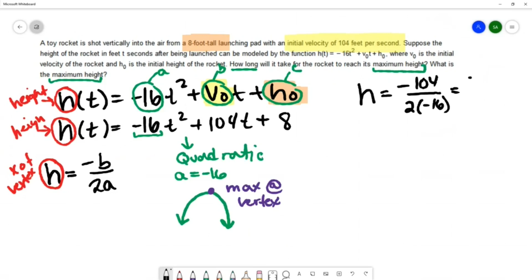And 2 times 16 is 32, so we've got a negative 32 in the denominator. 104 divided by 32 would be 3.25.